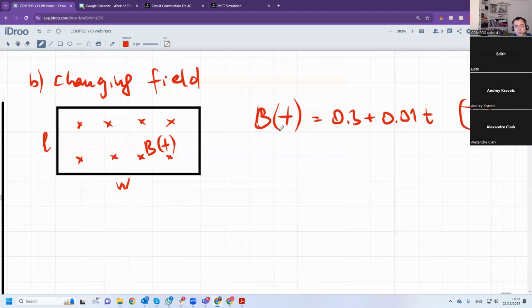So as B increases with time, you can do the same thing. So you have the flux, which is equal to BA cos theta. Cos theta is once again 1.